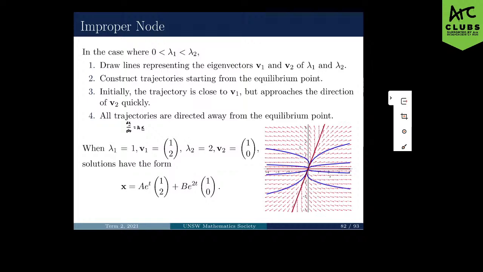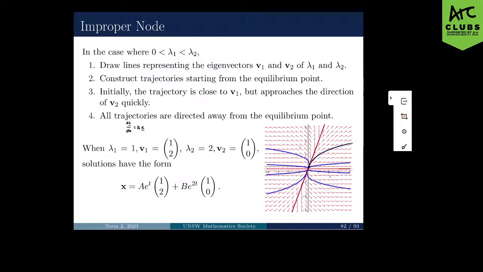To draw some other trajectory, we start our trajectory somewhere close to the origin, and initially the trajectory should stay close to v1, and then as time goes on, the trajectory goes in the direction of v2.